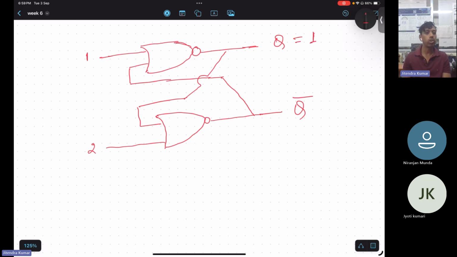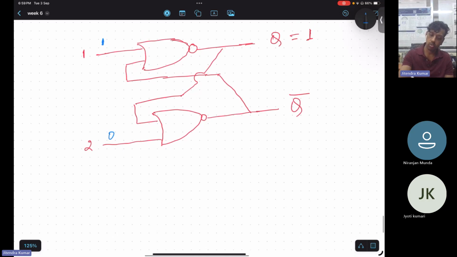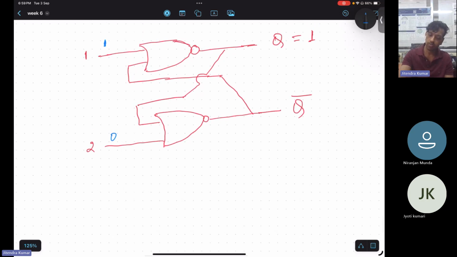So in that case, which terminal should you keep reset and which terminal should you keep set? There are two options only. Either you keep this one as 1 and the second one 0. So this one will come out to be, you know, NOR gate. So one, and anything ORed with 1 will be 1 and NOR of that will be 0.